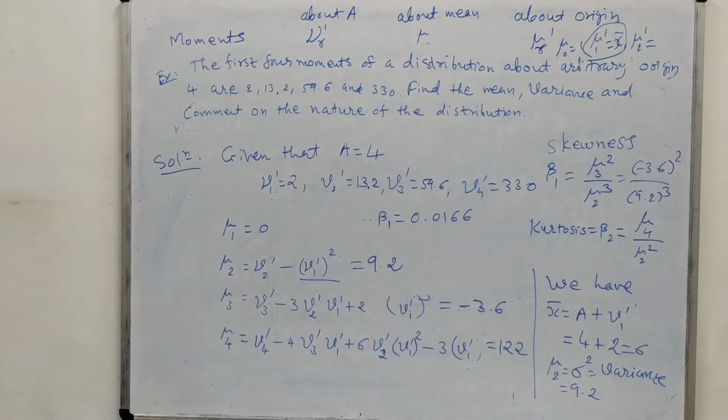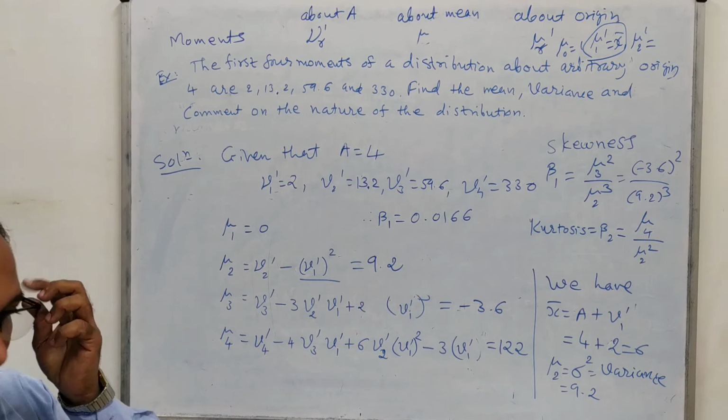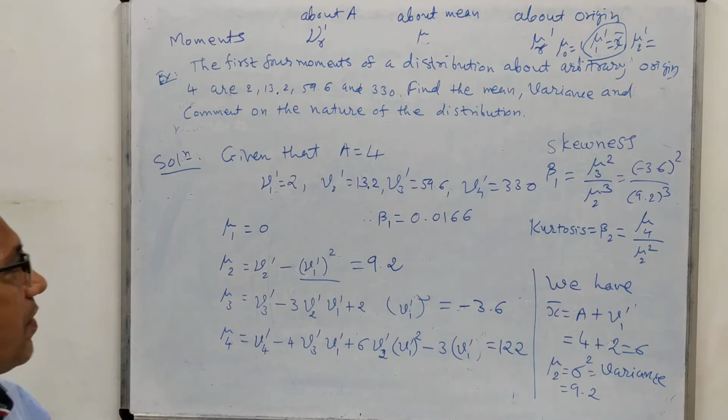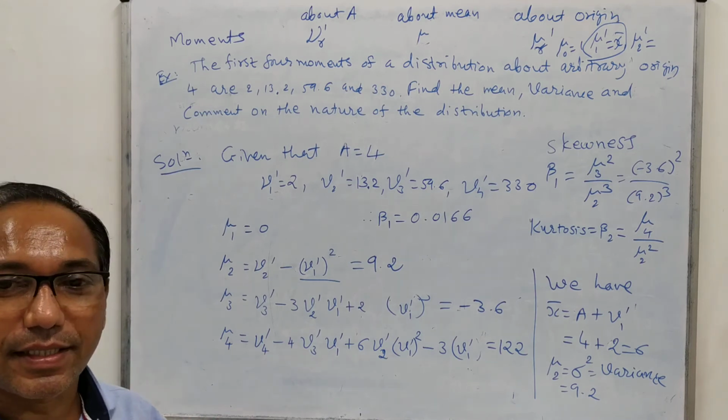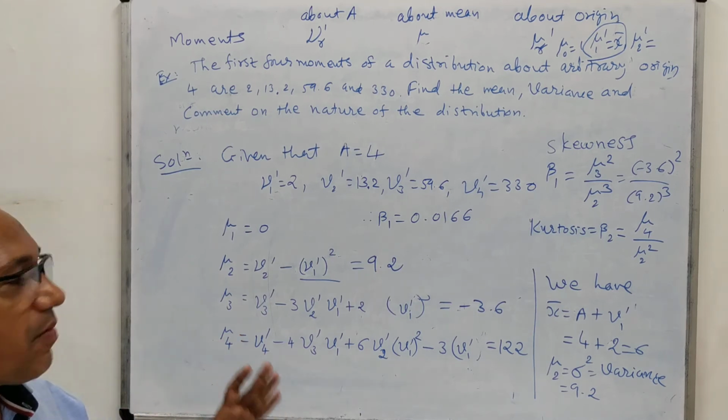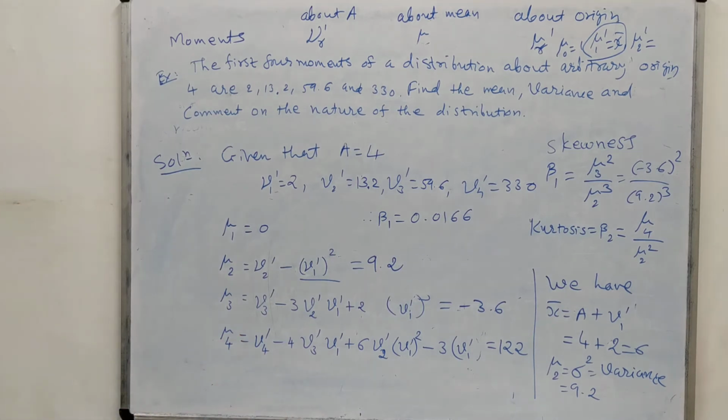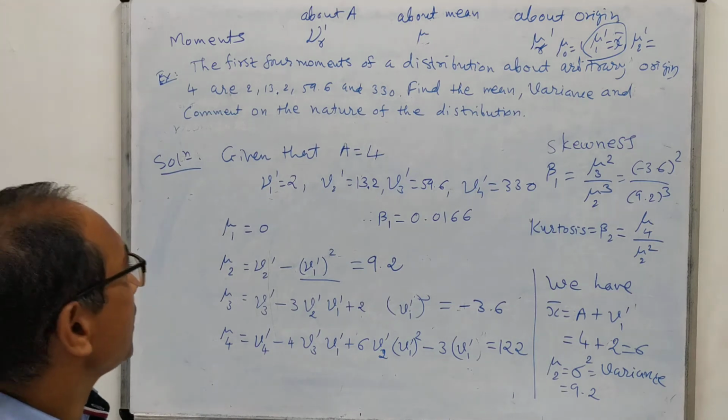If beta 1 is greater than 0, the distribution is positively skewed; if beta 1 is less than 0, it is negatively skewed; and if beta 1 equal to 0, the data is symmetrical, distributed symmetrically.